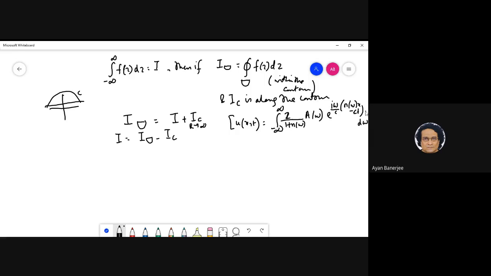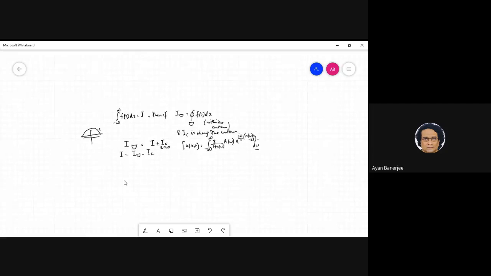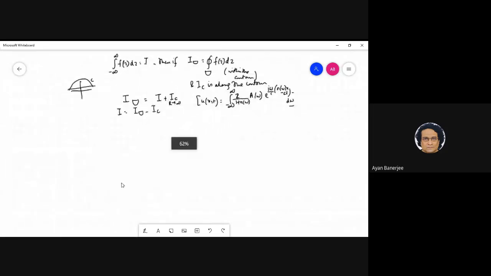Let me just zoom out a bit, it is becoming too dark. This is what we are trying to solve, and this is the crucial expression.